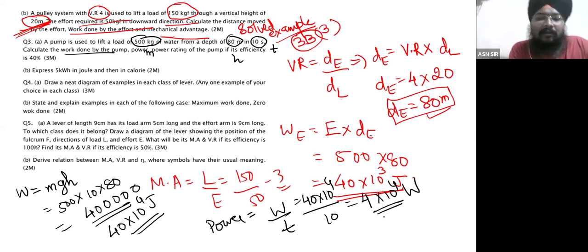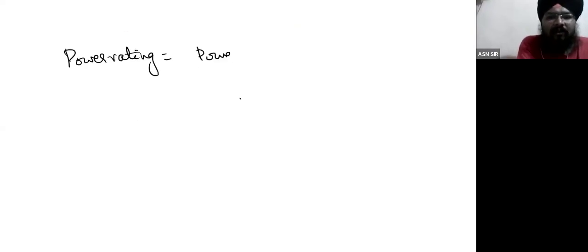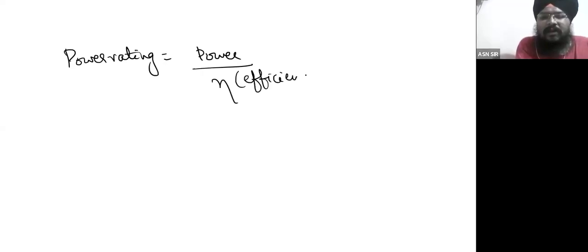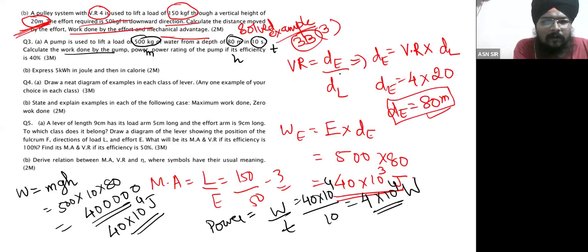And power rating. To find the power rating, you should know that power rating is power divided by efficiency. Efficiency they have given as 40%.